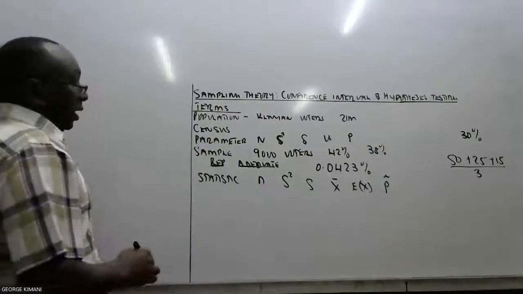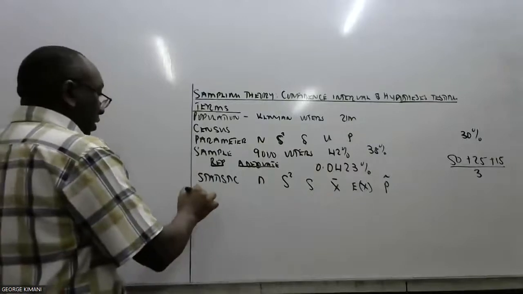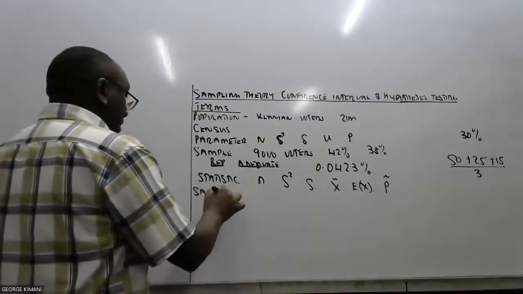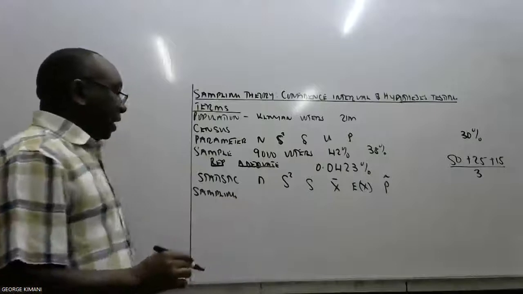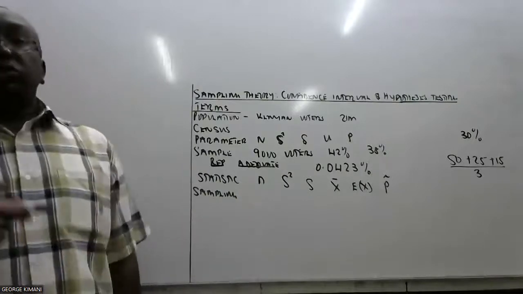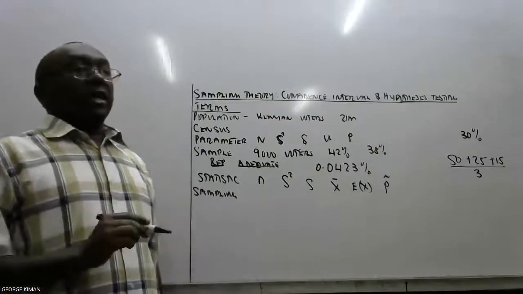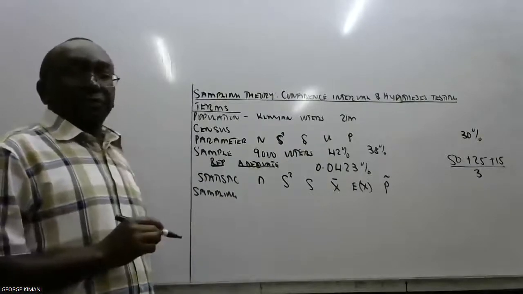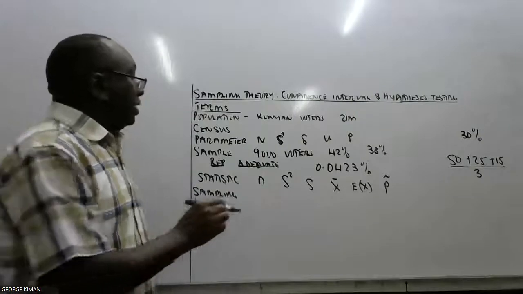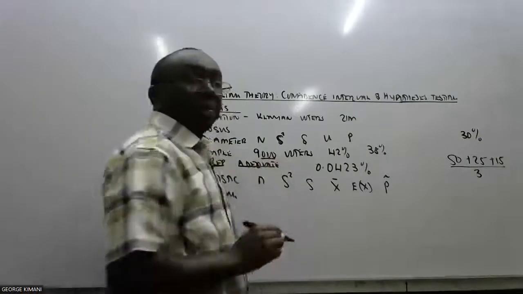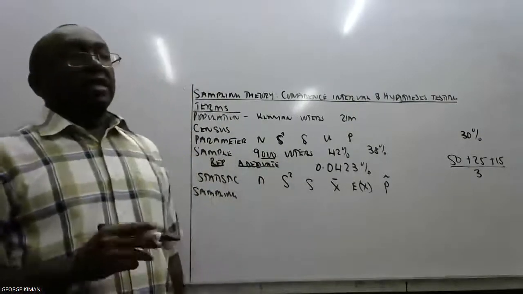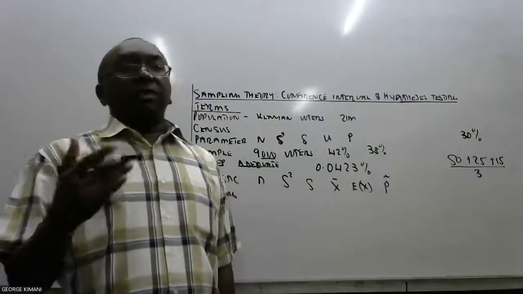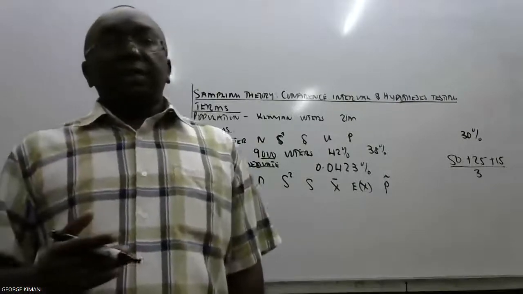Now, the next thing that we need to know is called sampling. Sampling can be looked at in two ways. The first way is how to identify the sample from the population. How did these guys get the 9,000? I looked at their report. They were saying they interviewed people from all the 47 counties.